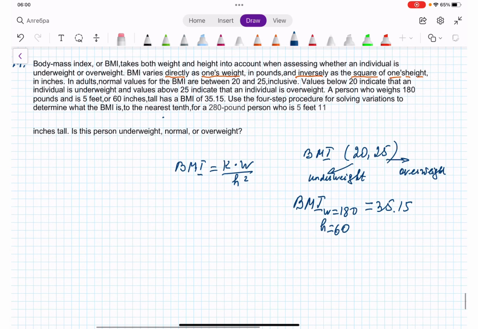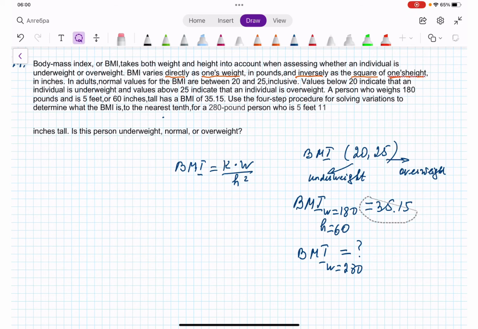Use the 4-step procedure for solving variations to determine what the BMI is to the nearest tenth. So we need to find BMI for the weight of 280 pounds.